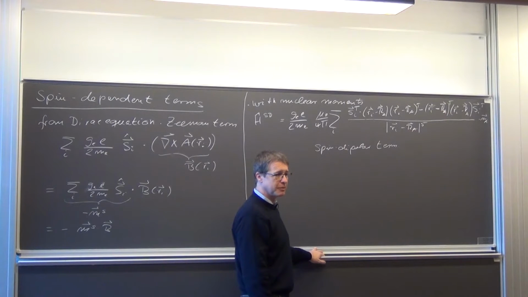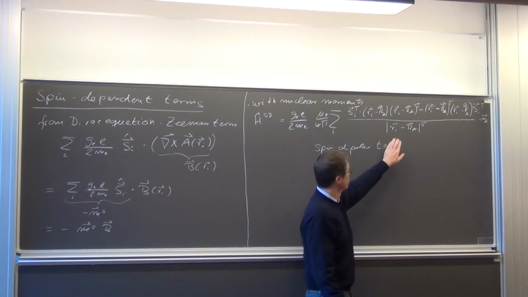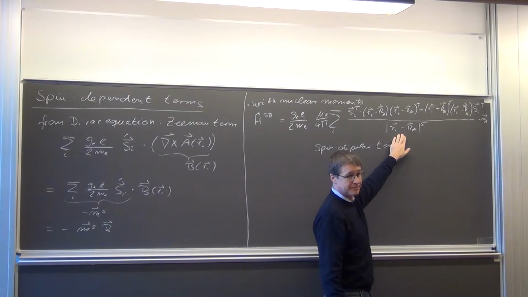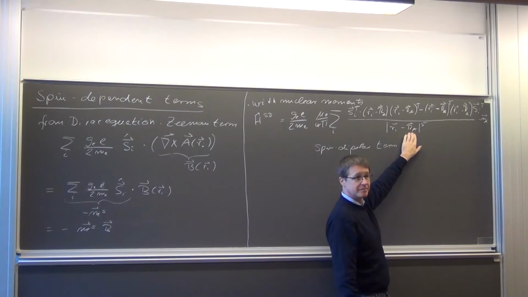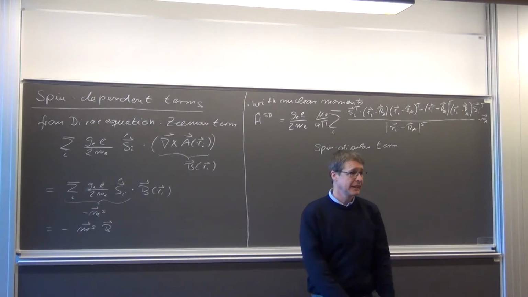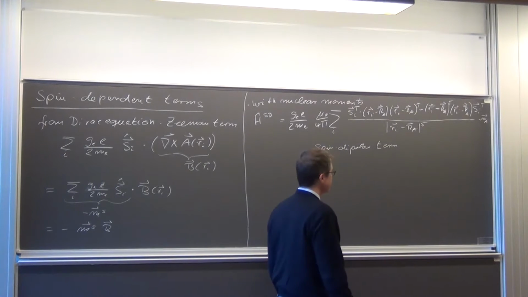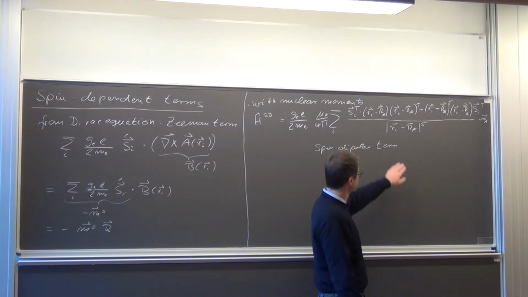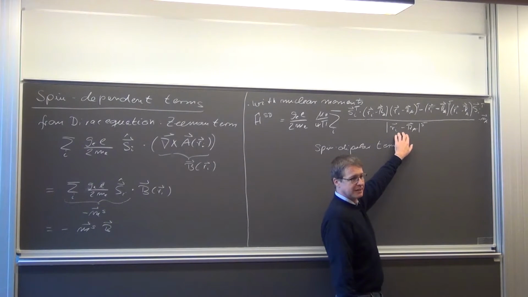What does that mean for the probability of the electron to be at the nucleus? Yes? But there is one. Yeah, there is one. It's not zero. What do we have here? That's the distance of the electron from a nucleus. And as we just said, if the electron is in an s orbital, it has a finite probability of being at the nucleus. What happens to that term then? This goes to infinity.